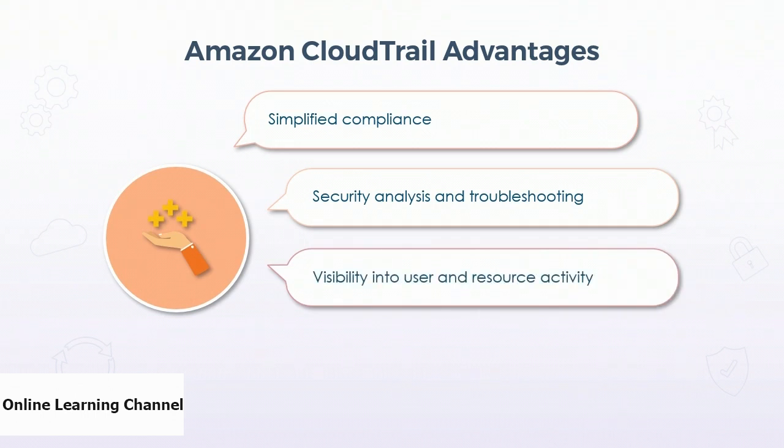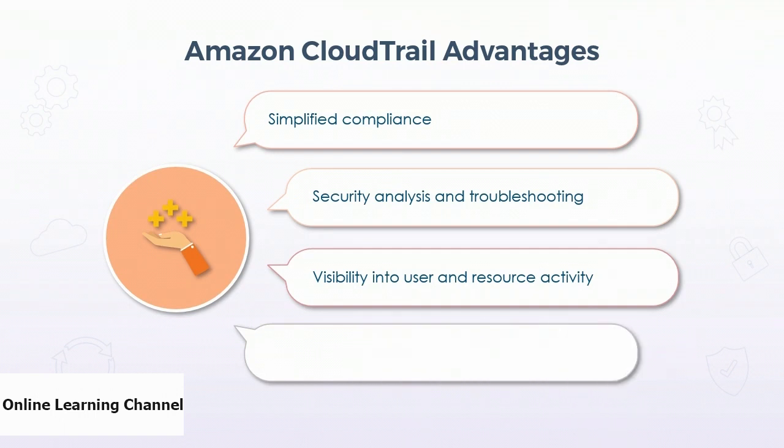Next is visibility into user and resource activity. AWS CloudTrail increases visibility into your user and resource activity by recording AWS Management Console actions and API calls. You can identify which users called AWS, the source IP address from which the calls were made, and when the calls occurred. The last is security automation.